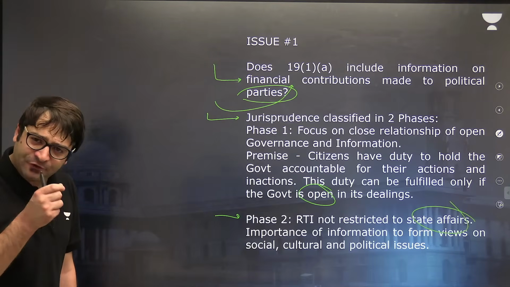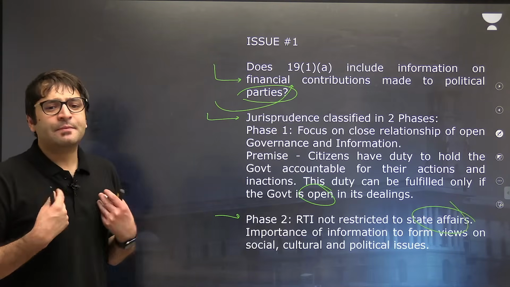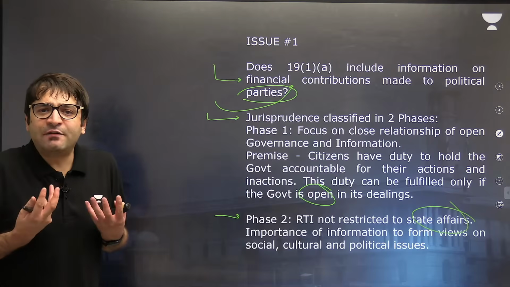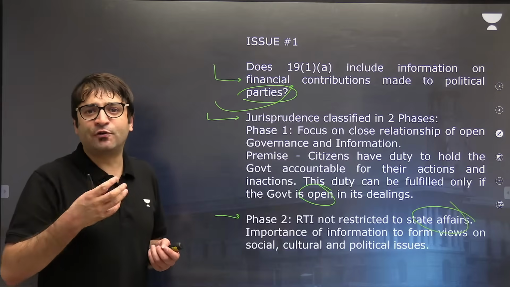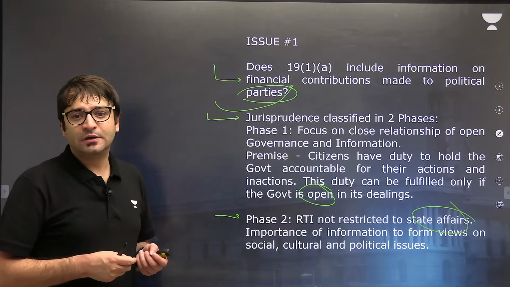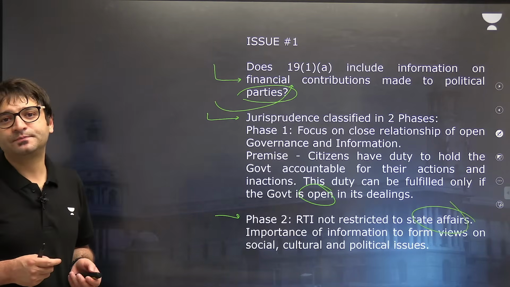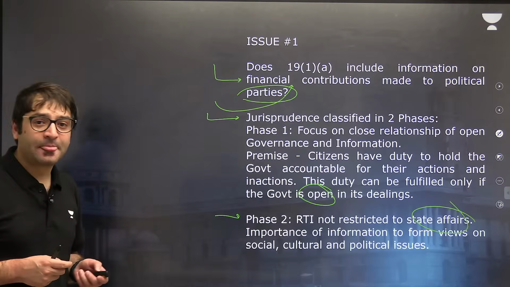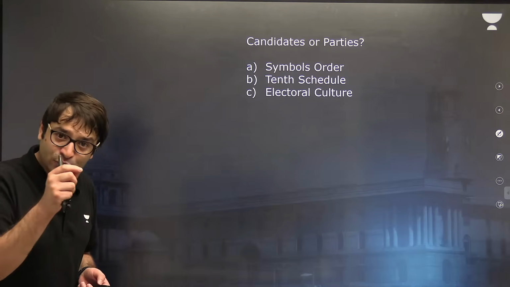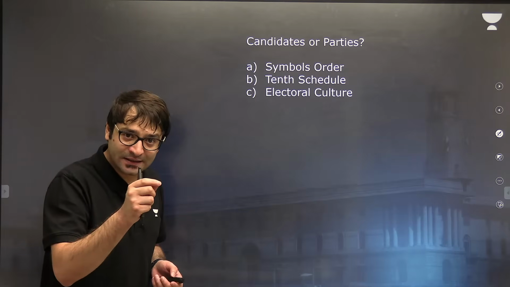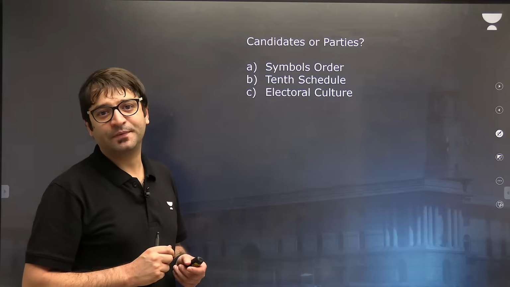Because information is required for me to form my views on social issues. I need information to form my views on political issues, on cultural issues. And in India, political parties should also come under this disclosure. Why?